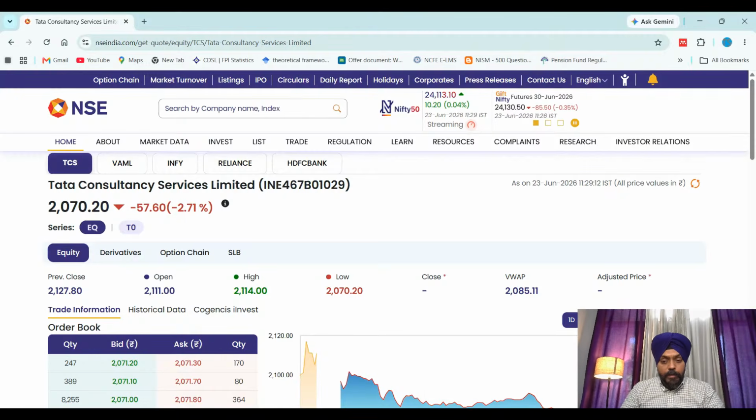First of all I'm generating these levels myself, then I will share, we will update our Excel. So 2087 was my 930 M price. My support 1 of the TCS was 2070. Resistance 1 is 2104.